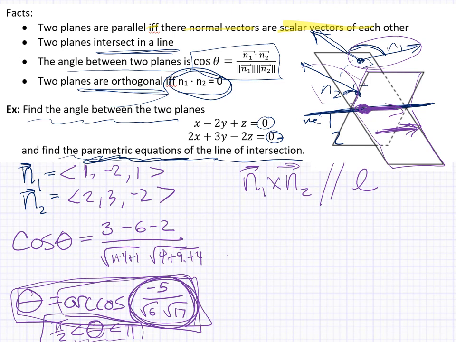And since both of them are equal to 0, clearly if x, y, and z were all 0, that would satisfy this equation. And it would also satisfy this equation. So 0, 0, 0 is on this plane, and it's also on that plane. That's a cheat for this example. What if this one was 3 and this one was 0 as far as what it's equal to? Now 0, 0, 0 does not satisfy this equation, so we're out of luck.